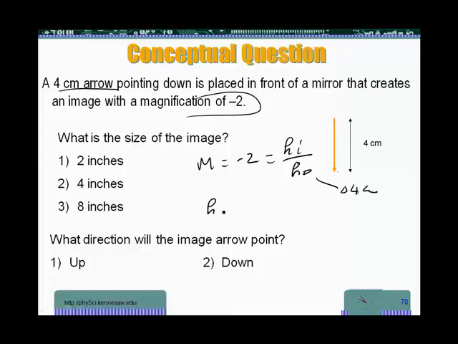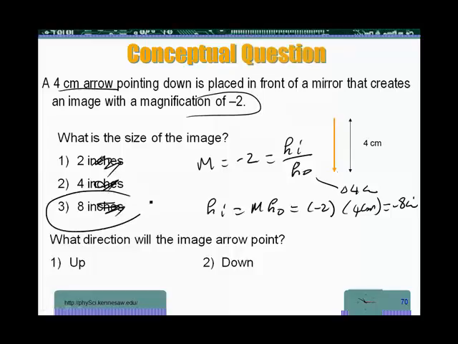So hi, which is m times ho, is going to be -2 times 4 centimeters, so it's going to be -8 centimeters. So this is my answer. Would it be up or down? We have a negative magnification. It tells me it is down.